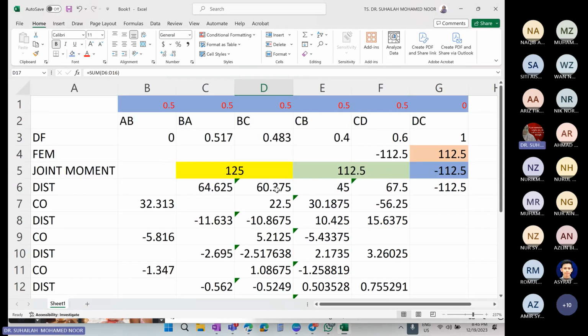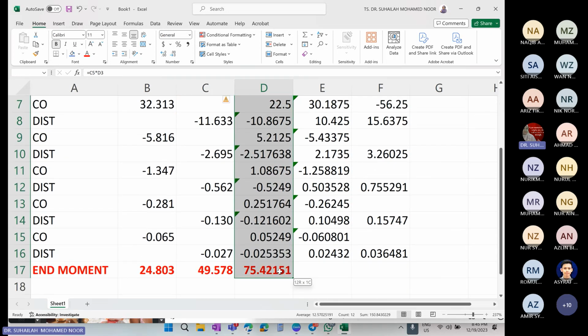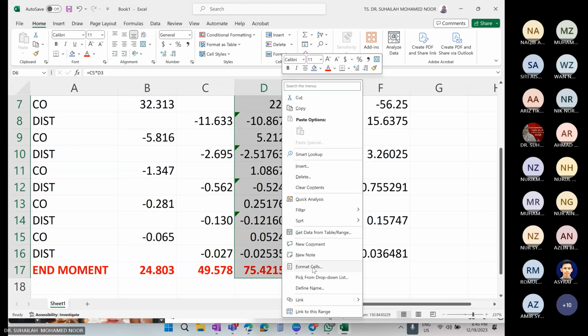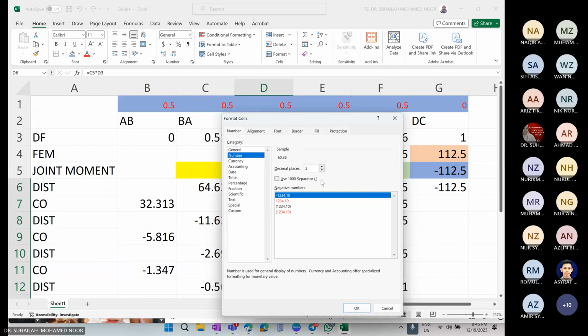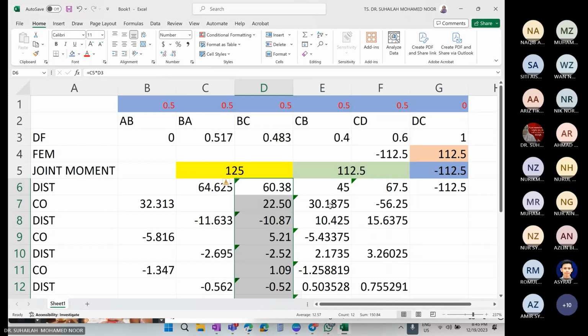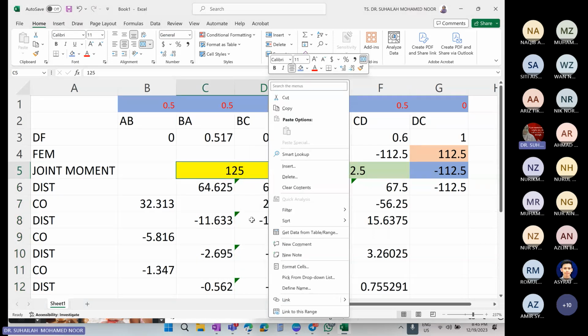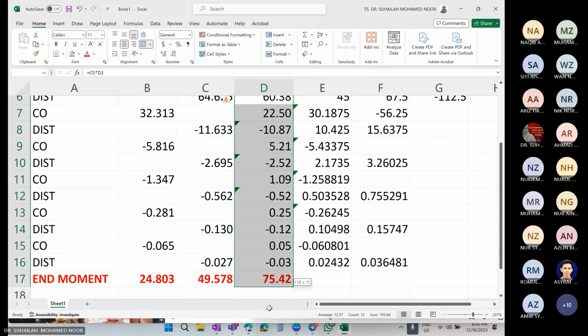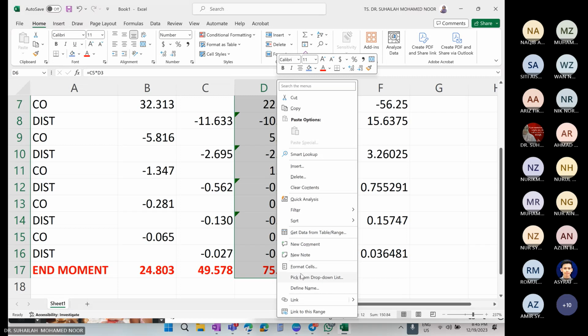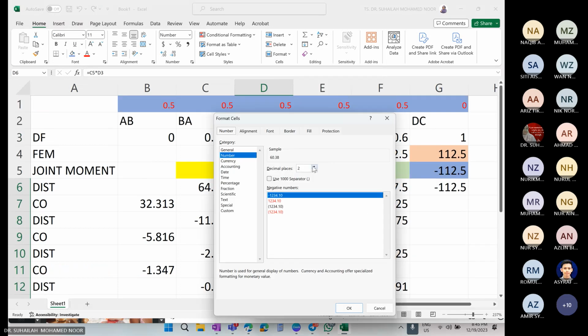So I want to change decimal places here to 3.